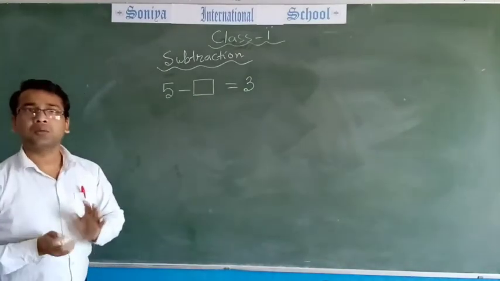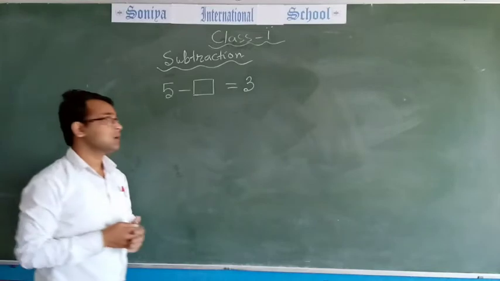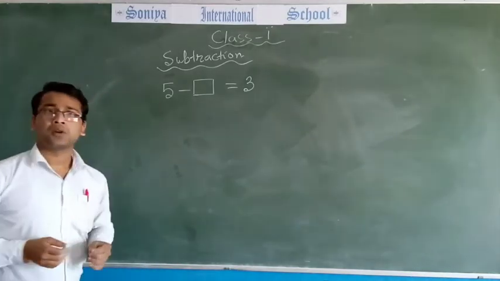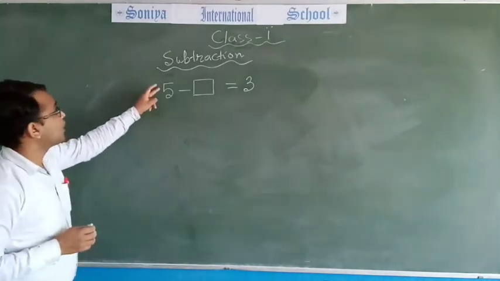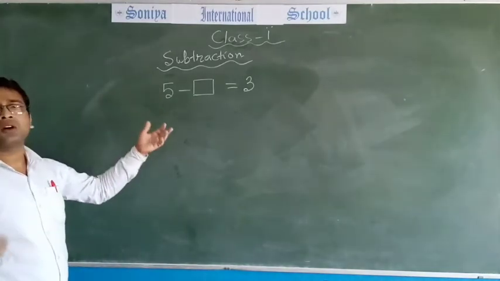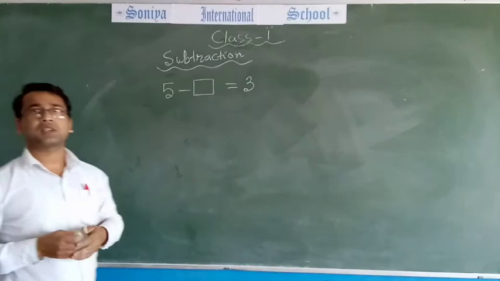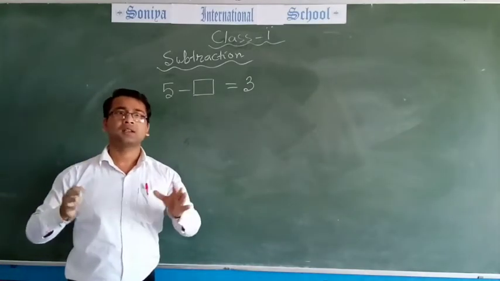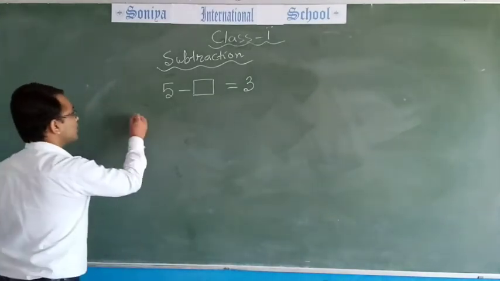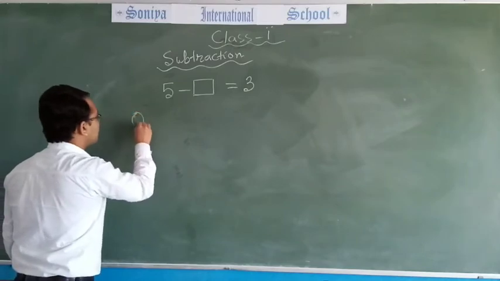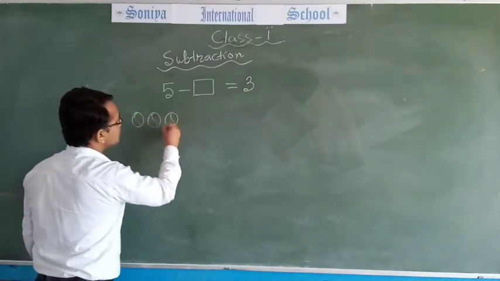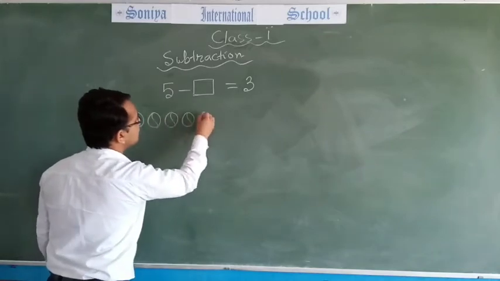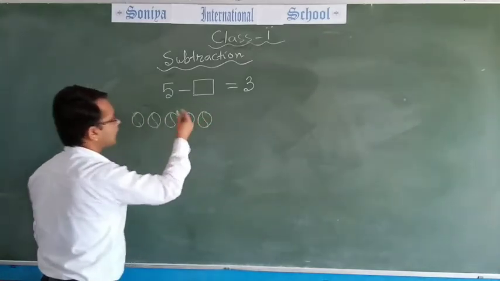Middle, box or blank. First off, I draw 5 objects. 5 objects. How many? 5. Then I draw 5 marbles, 5 ice creams, 5 balls, and so on. 5 balls. 1, 2, 3, 4, 5.